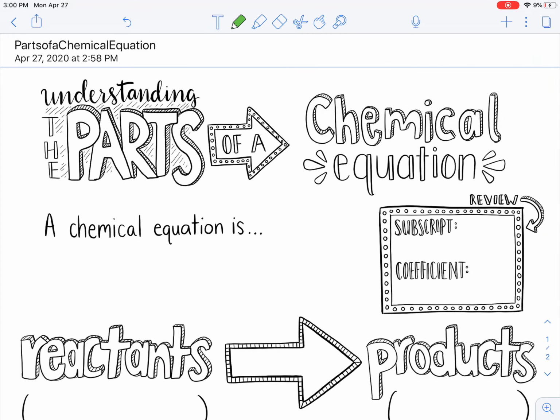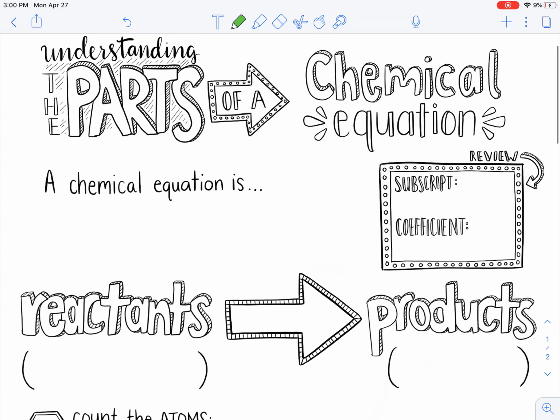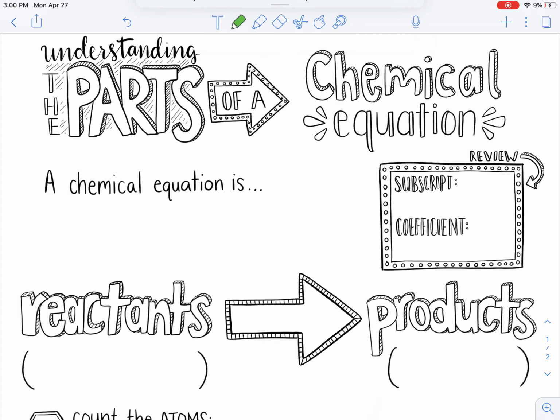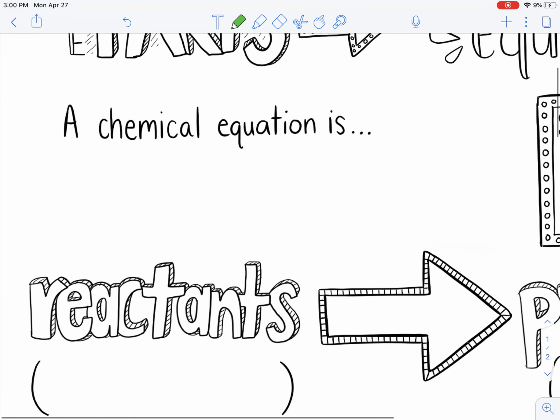All right, kiddos, let's look at these notes on understanding the parts of chemical equations. And again, a lot of this is going to be review from what we've talked about before. So a chemical equation is the symbolic representation, which means that it's written in symbols instead of words.